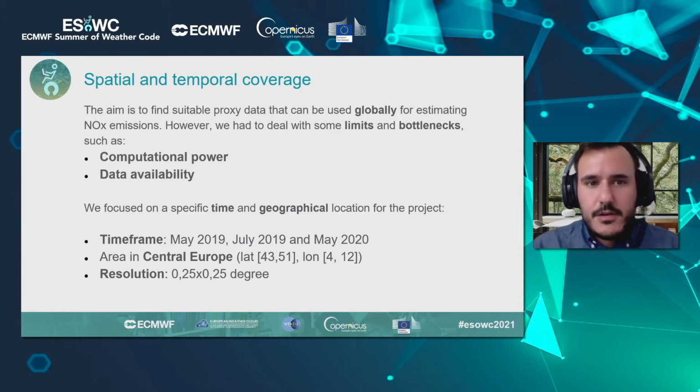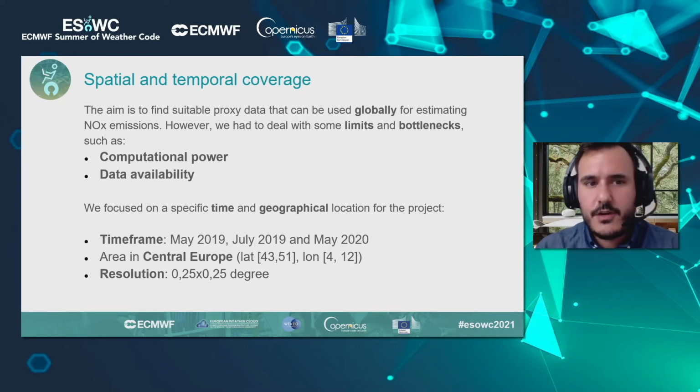So the aim was to find a suitable proxy to predict emissions globally, but we had to deal with some limits and bottlenecks, in particular computational power, because we have a dataset with millions of records, so it wasn't possible to deal with a global dataset.